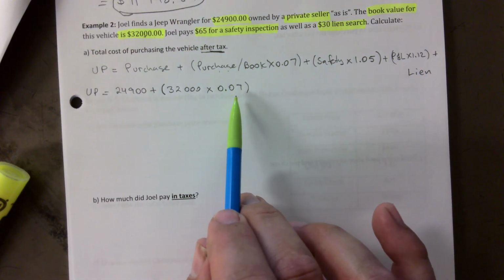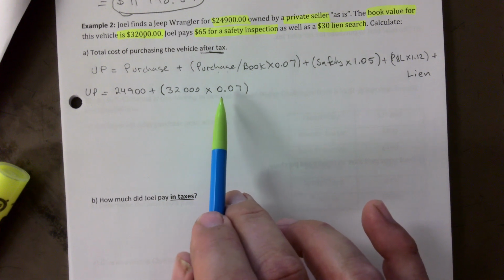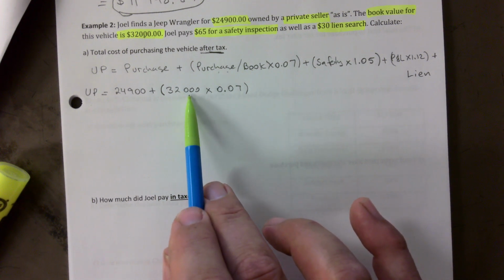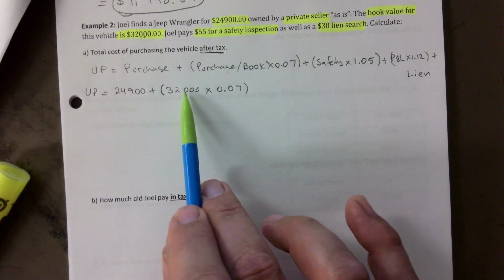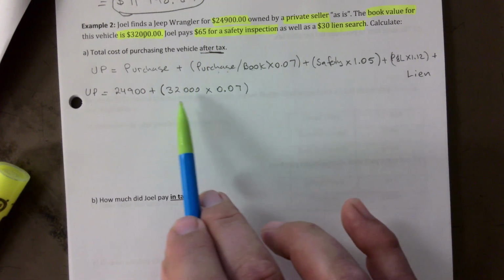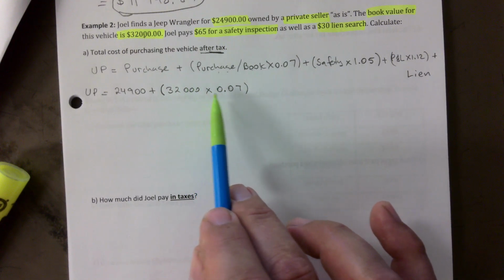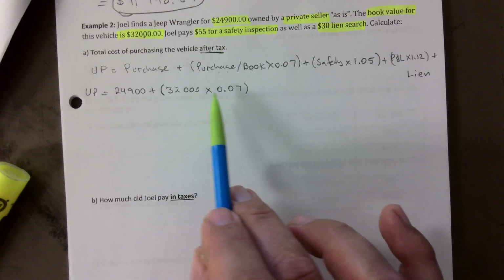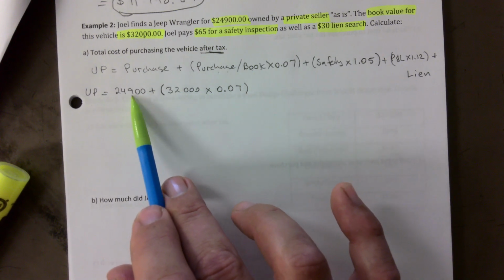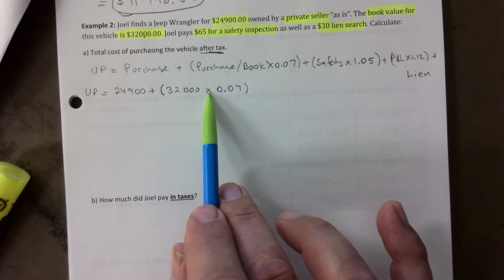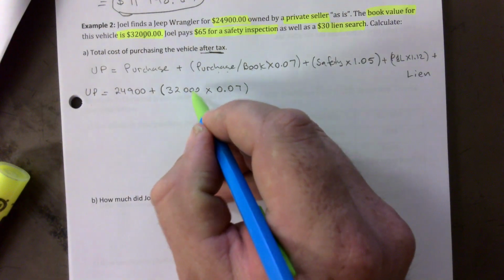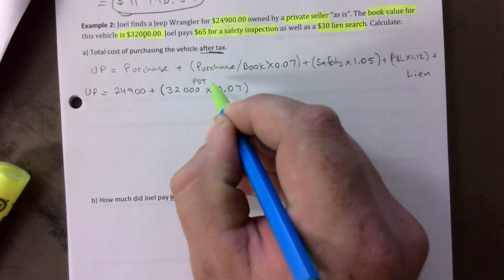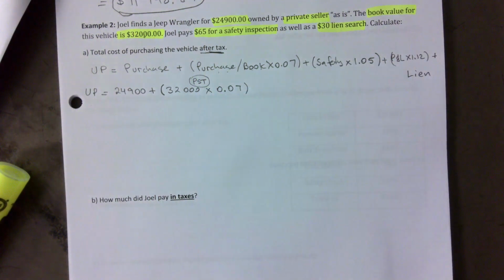Because then you would be saying it's 32,000 and 7% on top of that 32,000, so you'd be paying a whack load of money. So this part right here is just figuring out how much PST you'd be paying for this car that you're buying. This is doing the PST part. So I'm actually going to label this PST, okay? That's what you're doing there.